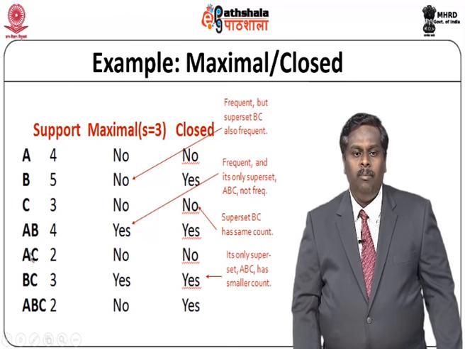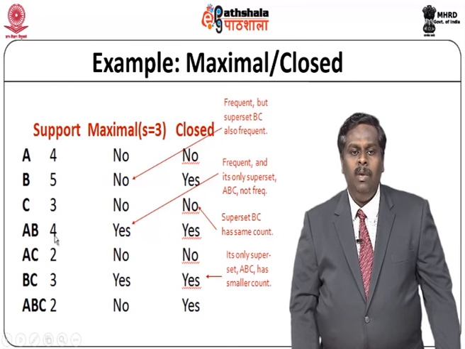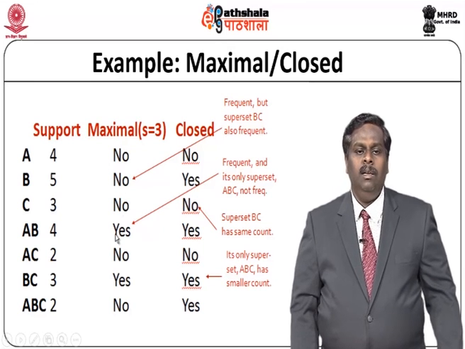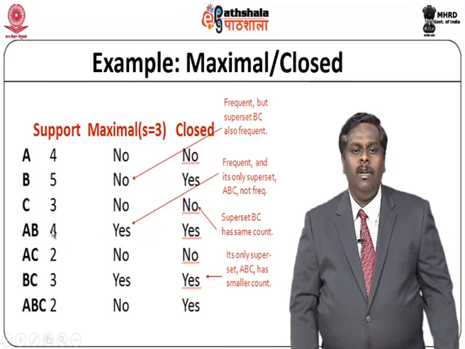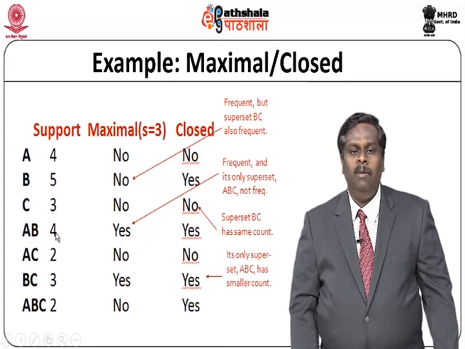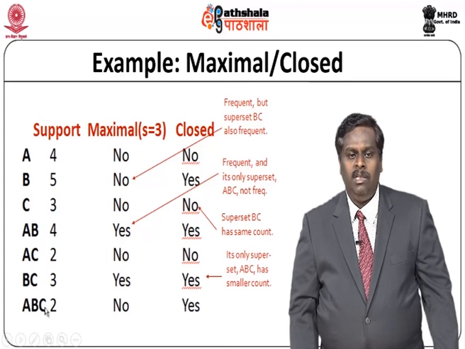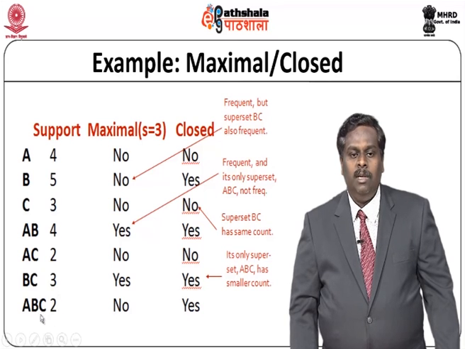Let us take another example, AB. AB support count is 4. Can AB be considered as maximal? Yes, of course it can be considered. The reason is none of its immediate supersets must be frequent. The superset for AB is ABC.